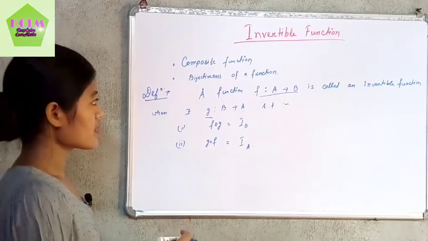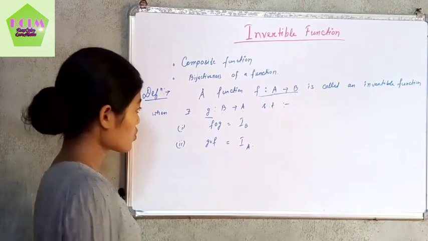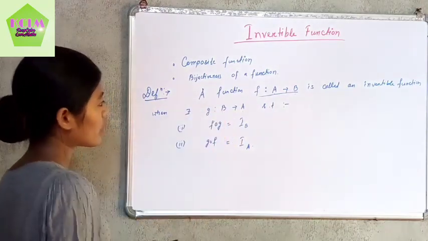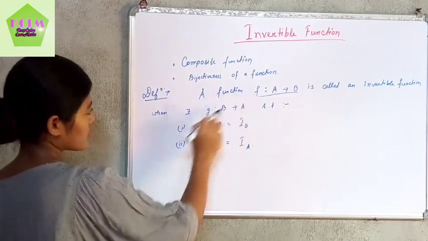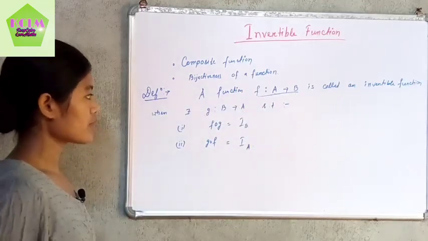And in that case, f is called an invertible function. So if these two conditions are fulfilled, then f has an inverse function, which is g, or we can say f is an invertible function.